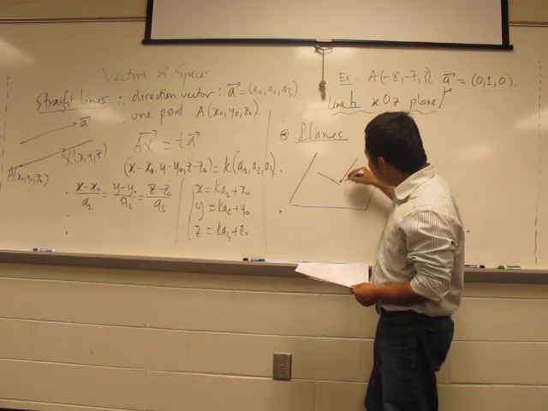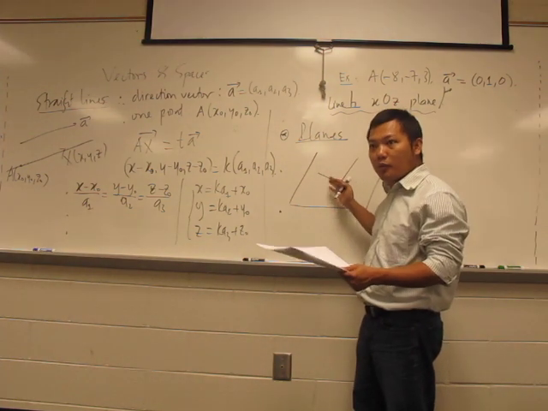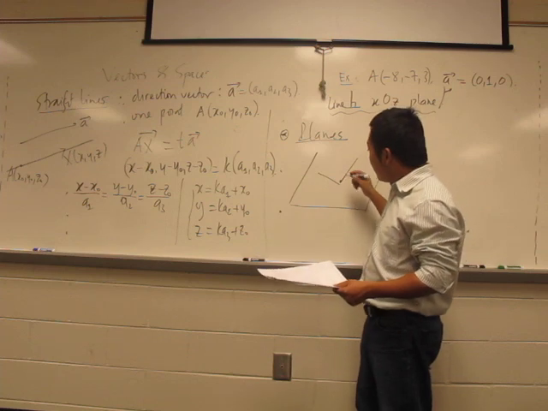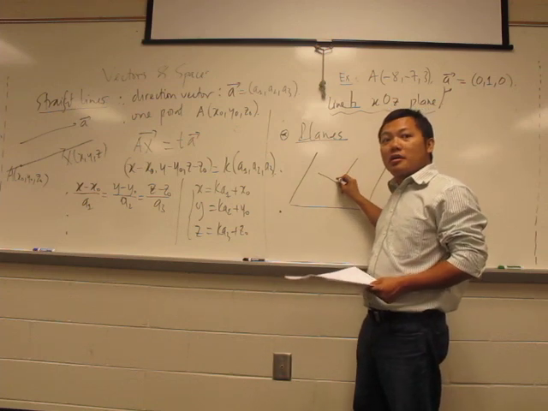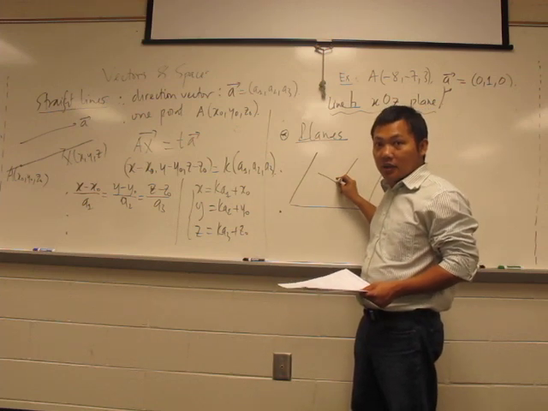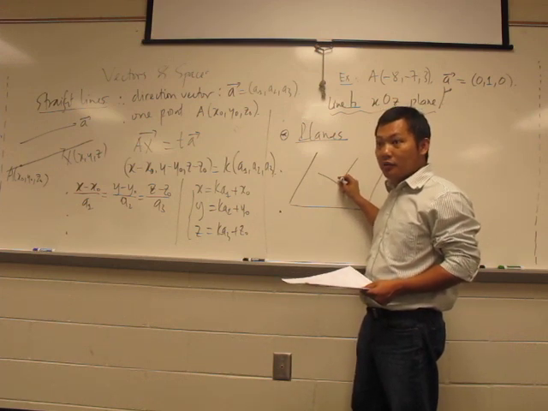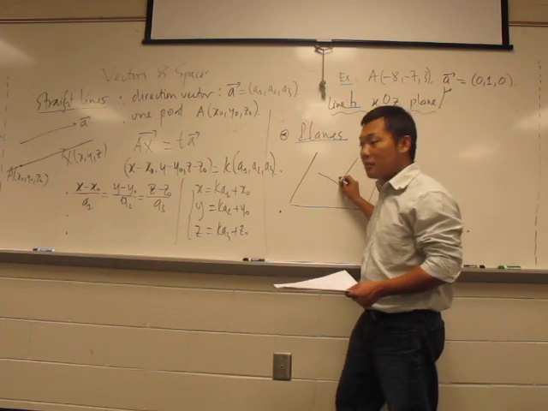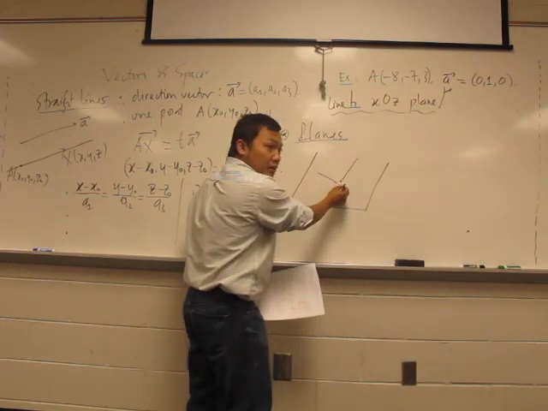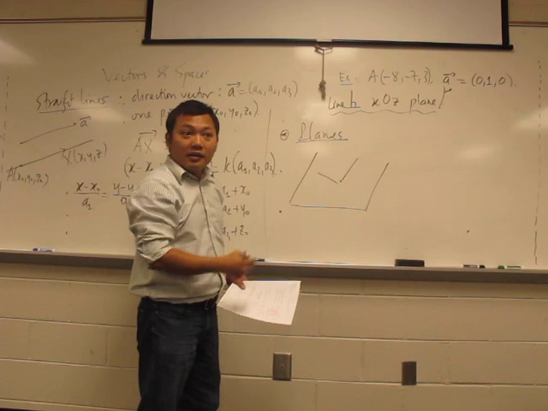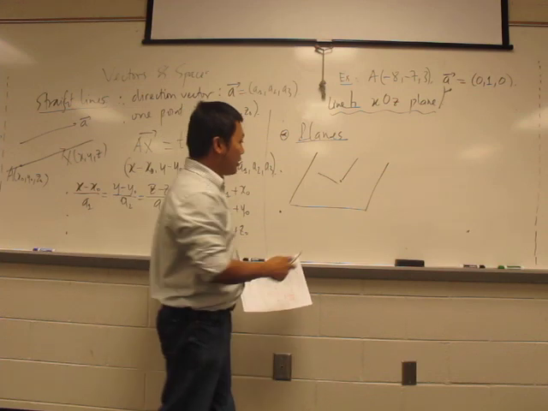If you have two straight lines and one point, you can determine the plane. With two straight lines, if you use the cross product, you can determine the normal vector, which is perpendicular to those straight lines. Make sense? Thanks to that, you can determine the equation of the plane.